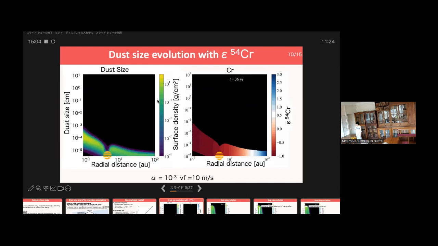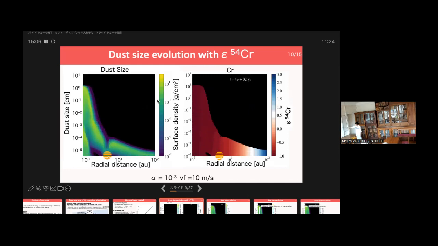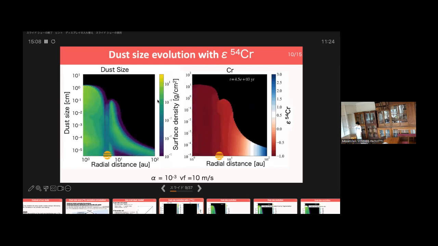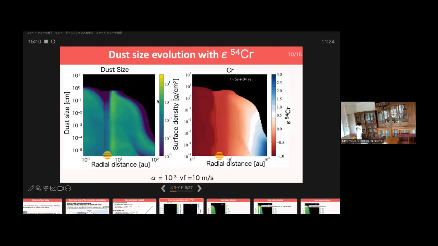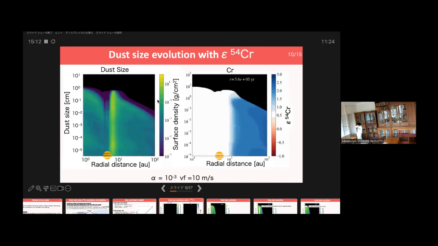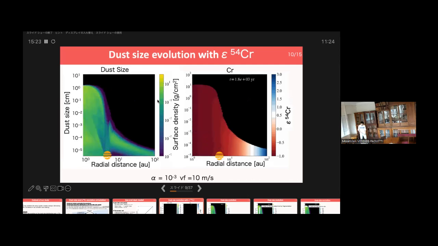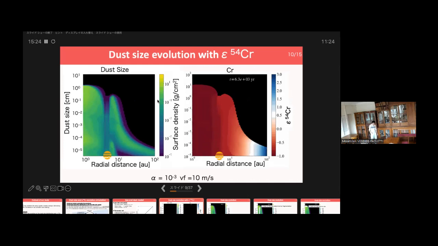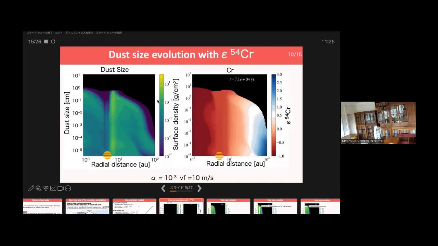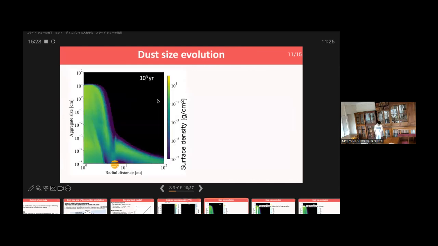At this point, the dust size is 10 to the minus 4, and at maybe 50 AU it has a high value. Yes, the next slide shows the details of dust evolution.